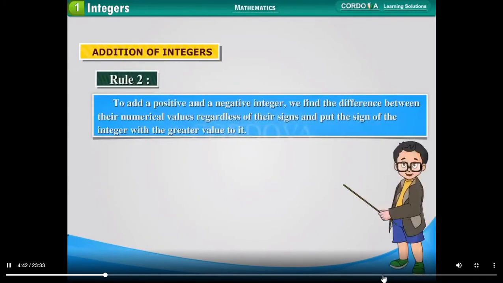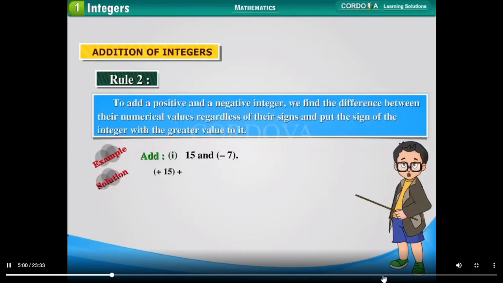Rule 2. To add a positive and a negative integer, we find the difference between their numerical values regardless of their signs and put the sign of the integer with the greater value on it. Example: add 15 and -7. Solution: positive 15 plus negative 7 is equal to +(15 minus 7), which is equal to positive 8.